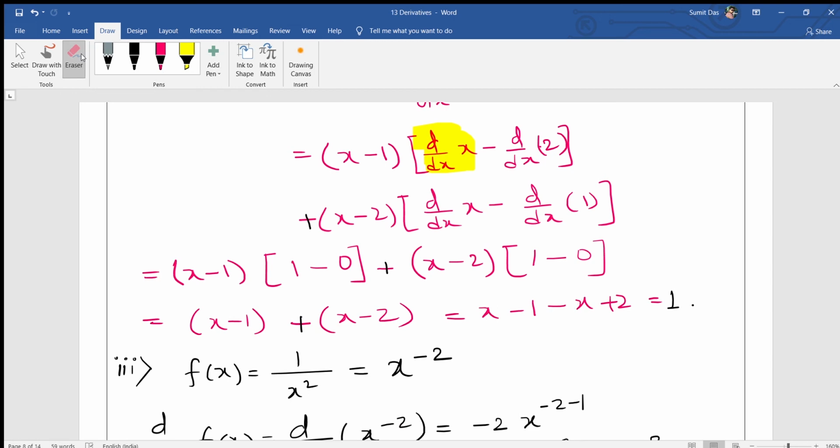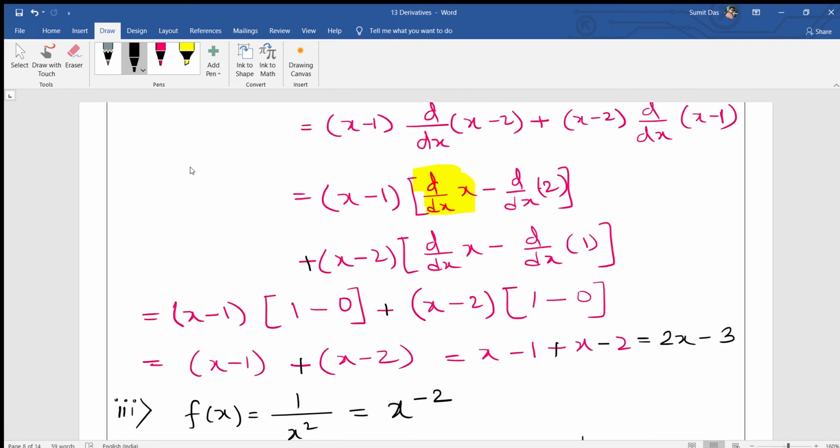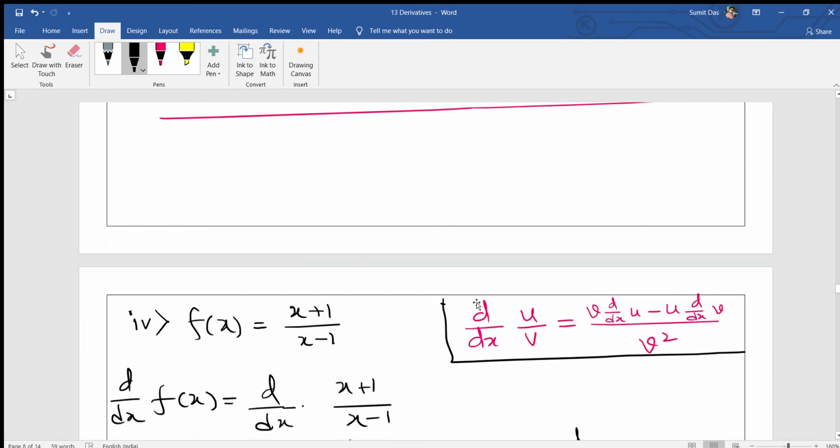So the answer will be 2x + 3. This mistake I made: just the last line I put plus, but here I put minus 1. This mistake must not be made. If you don't have any doubt, let's go to question 5.